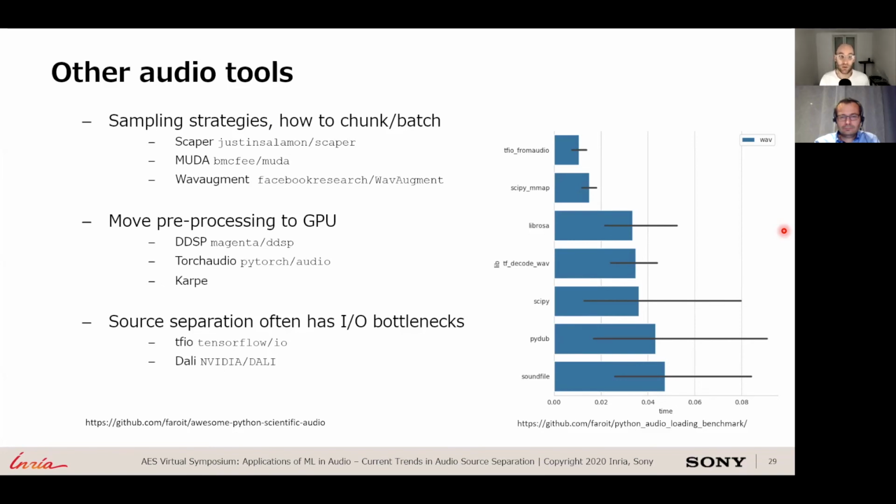Because when you think about it, source separation training from raw stems that combine all these stems into mixtures on the fly in a data loader will be subject to a huge number of I/O operations on your systems, and you need efficient data loading methods. For example, in TensorFlow I/O, we recently introduced highly efficient loading of wave files that increases the loading performance by a factor of 10 compared to other loading libraries.